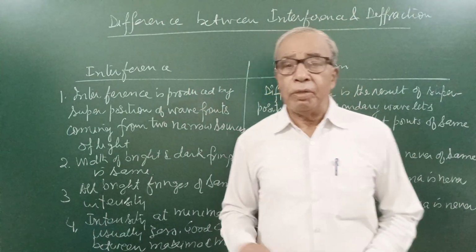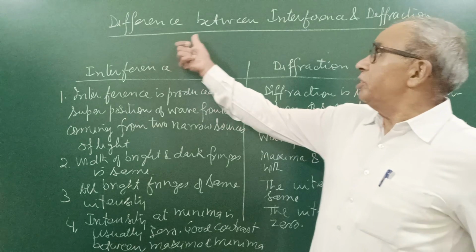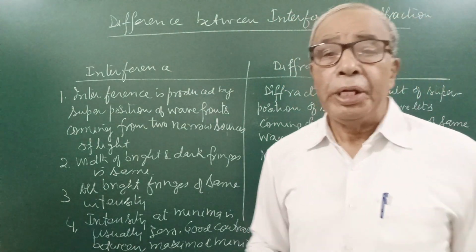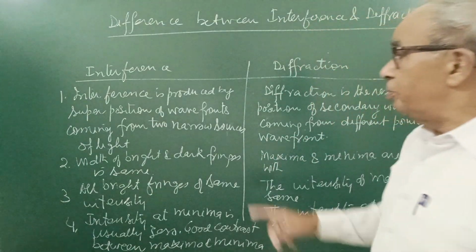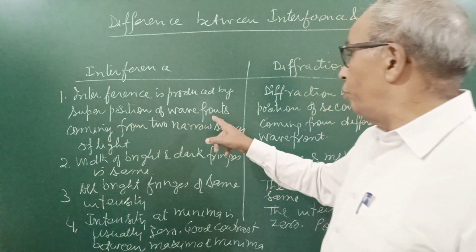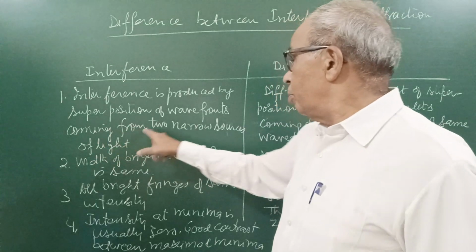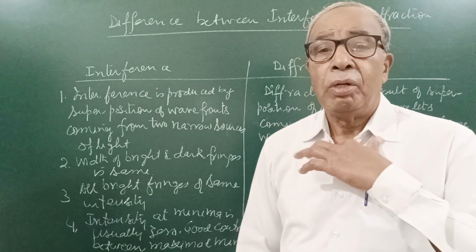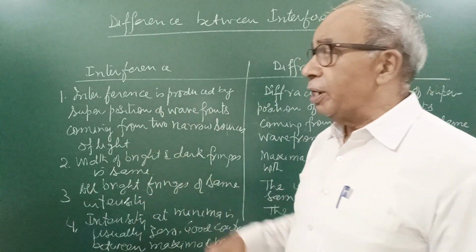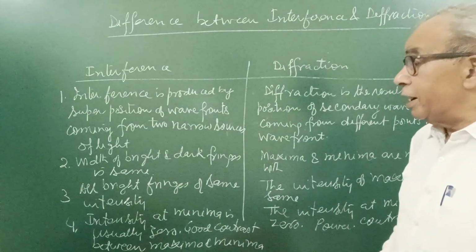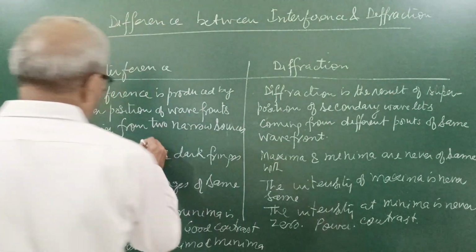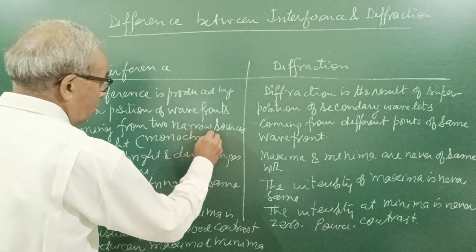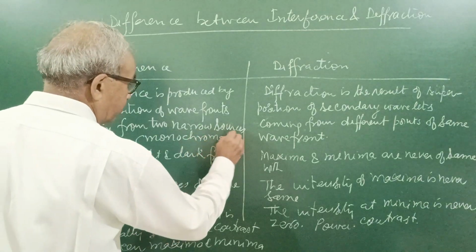Yes, friends. On the board, I have written the difference between interference and diffraction of light. You know, interference is produced by superposition of wave fronts coming from two narrow sources of light, which are monochromatic and coherent.